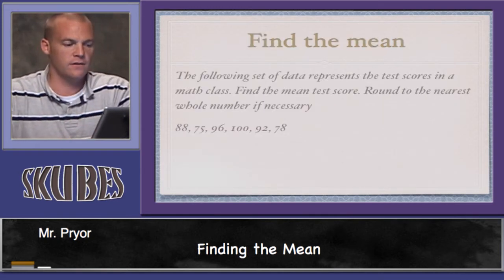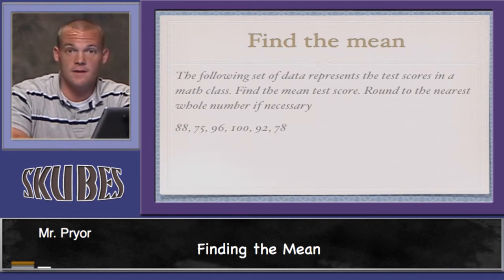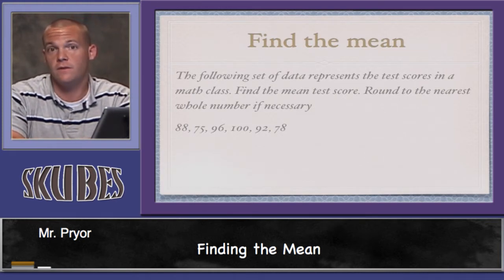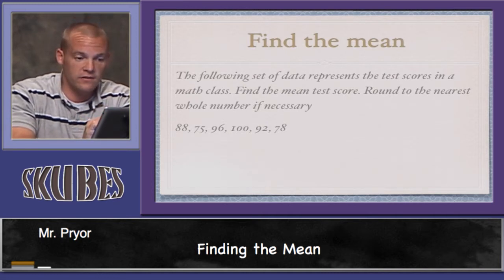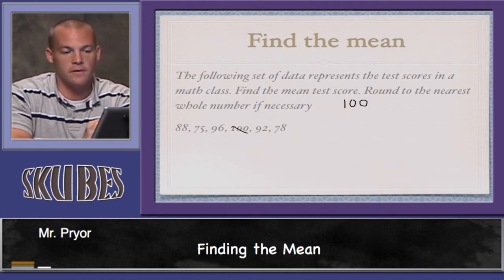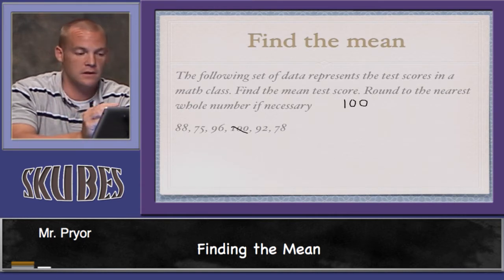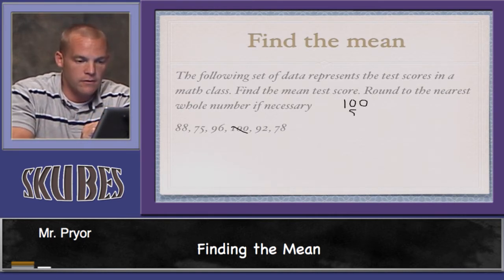All right, so the first one here, we're looking at 6 numbers. The first thing you have to do, of course, is take those 6 numbers and add them up. My suggestion would be to just line them up vertically. I'm always going to put the largest number, the one with the most digits, on top and then everything else below. It doesn't really matter the order; that's just a preference of mine.